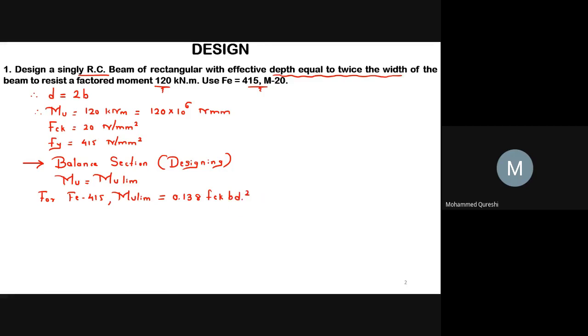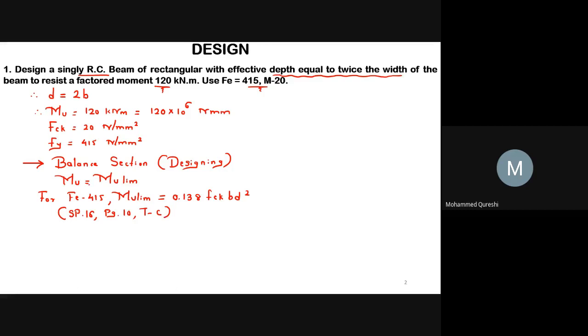This equation is given in SP16, page number 10, table C. So, we got the equation as Mu limit equals 0.138 FCK BD square.